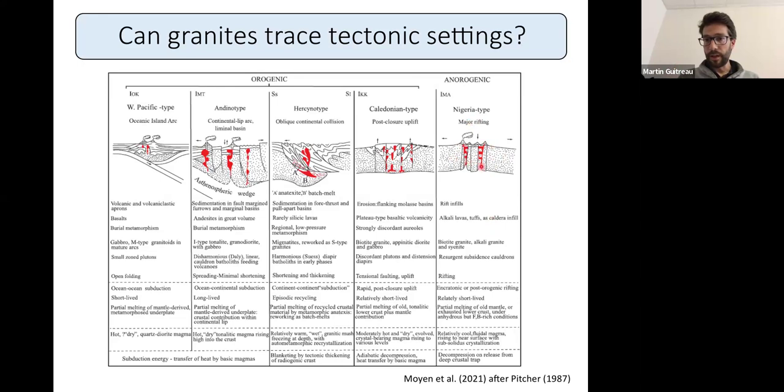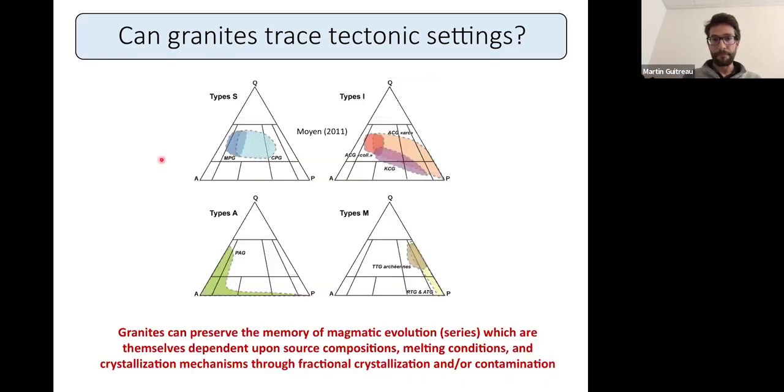Here you have an intraplate rifting environment where you have typical anorogenic granitoids. And depending on the different environments, you can have granitoids with various chemical compositions and various mineralogies. I won't go much into the details because this is not the essential point I'm trying to make here.